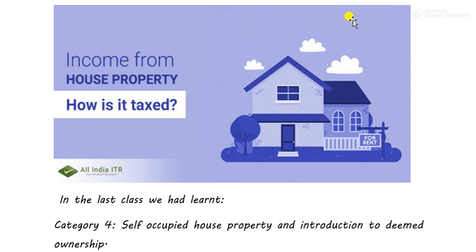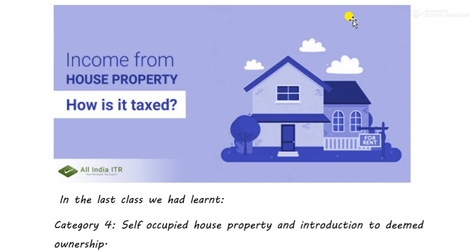Or there are some cases where there is a property and the person who receives the rent is not the owner, right? Suppose the person is not the owner, but he has given the property for rent and he earns income from house property.